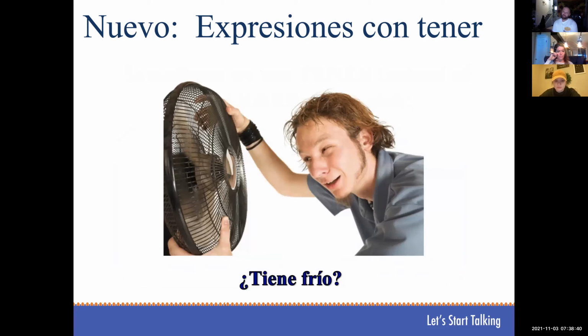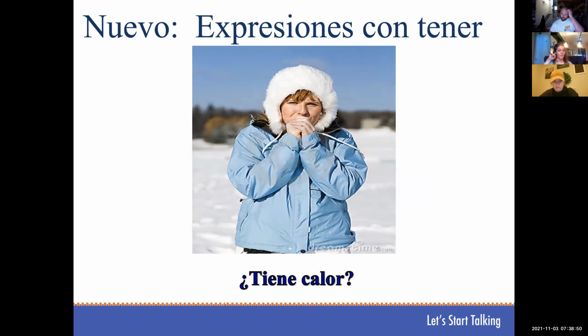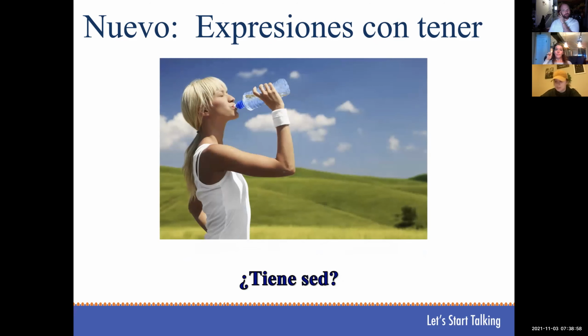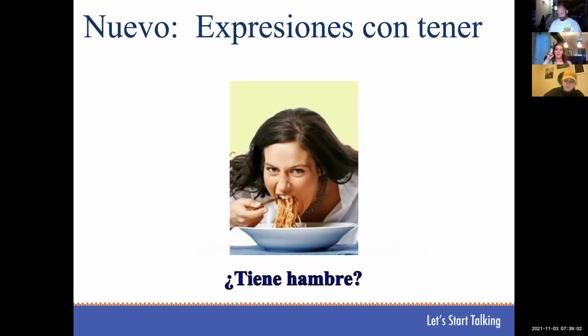Muy bien. ¿Tiene frío? No. Tiene calor. ¿Tiene calor? No. Tiene frío. ¿Tiene sed? Sí, tiene sed. ¿Tiene hambre?